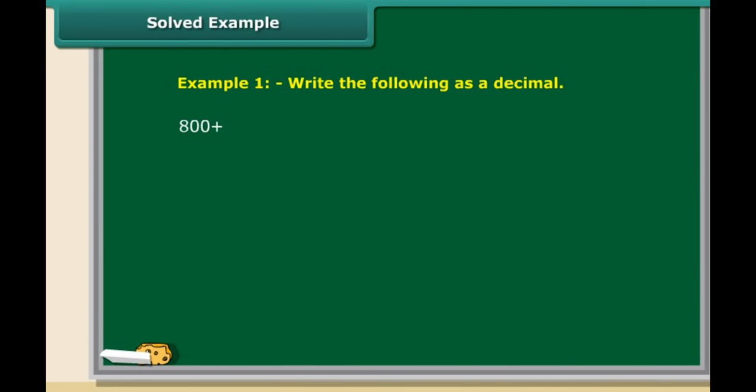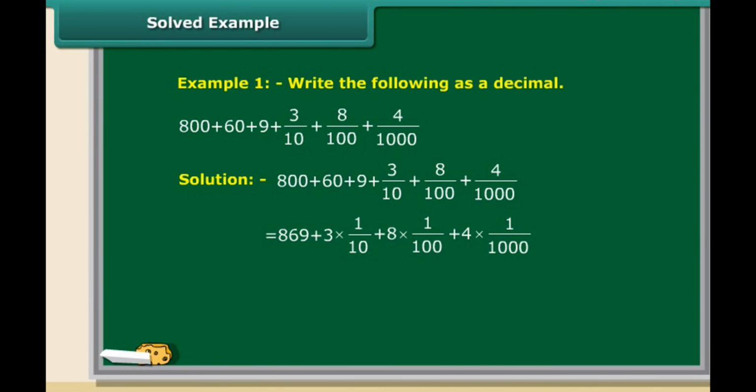Write 800 plus 60 plus 9 plus 3/10ths plus 8 hundredths plus 4 thousandths as a decimal. 800 plus 60 plus 9 is 869. 3/10ths plus 8 hundredths plus 4 thousandths is 0.3 plus 0.08 plus 0.004, which adds up to 0.384. So the answer is 869.384.